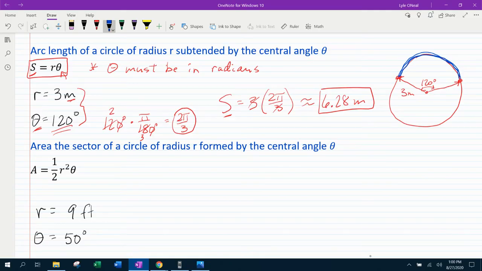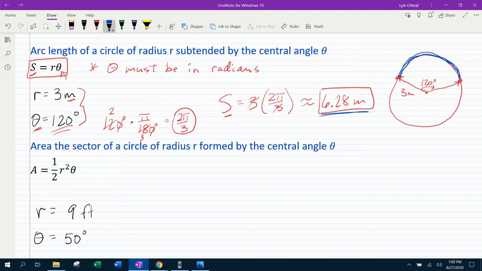Got it? So 6.28 meters is the distance you'd have to walk around this circle if the circle had a radius of 3 meters and you walked around an angle of 120 degrees. That's what you found. That's what the 6.28 represents.